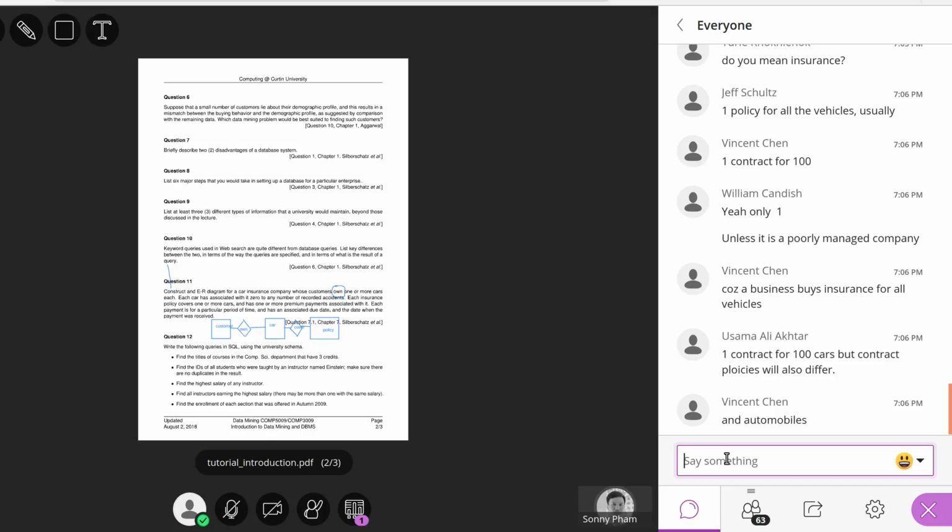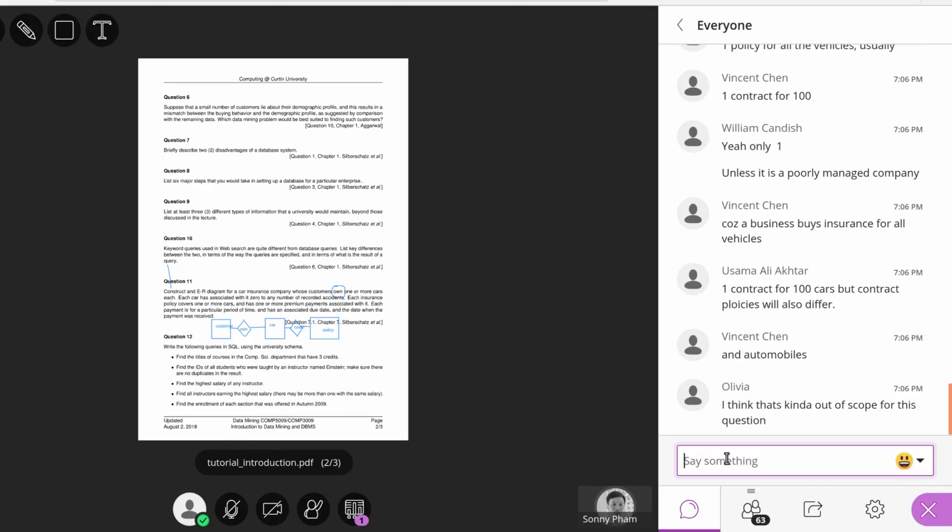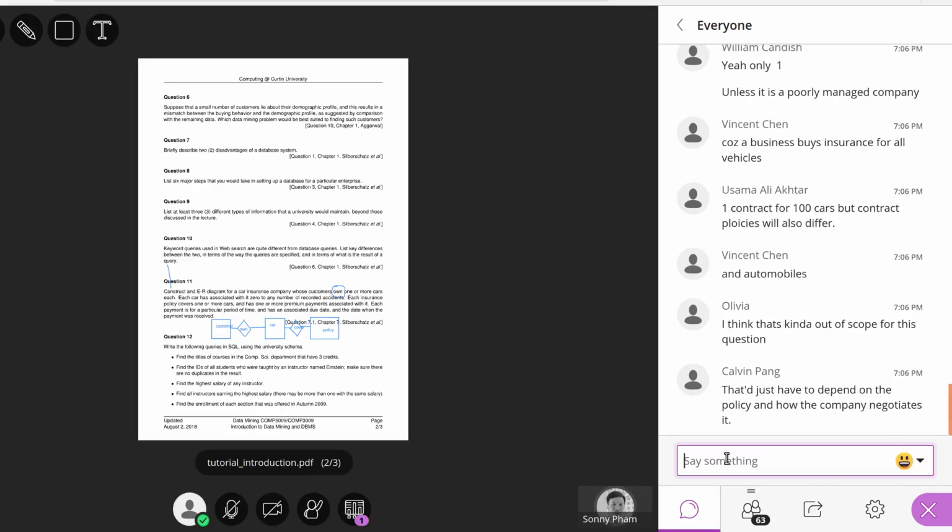But I would say it is possible to have one contract for 100 cars, and vice versa, you can have 100 contracts for 100 cars. I think the choice is more a business perspective, what you choose to do.